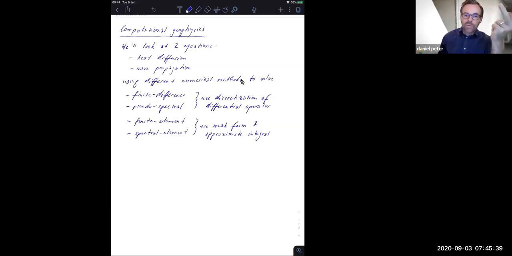We're going to see the differences between these Galerkin methods when we start with the finite element and spectral element methods, and what Galerkin means. Galerkin is a way of setting up your basis functions.